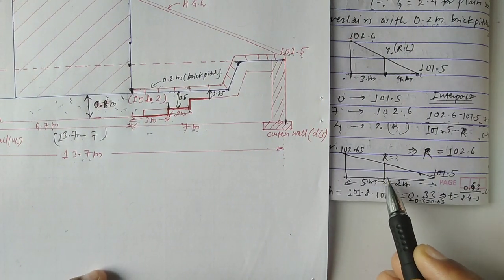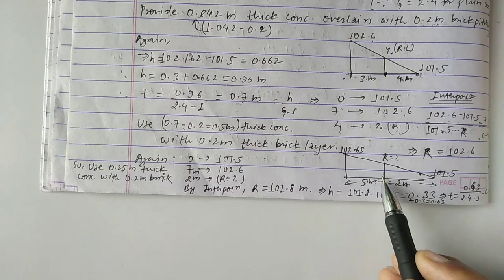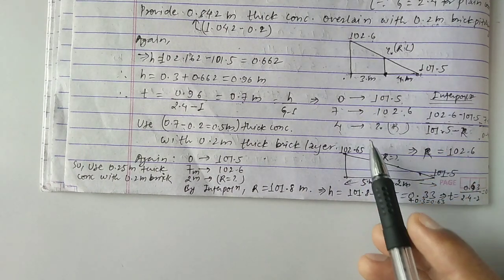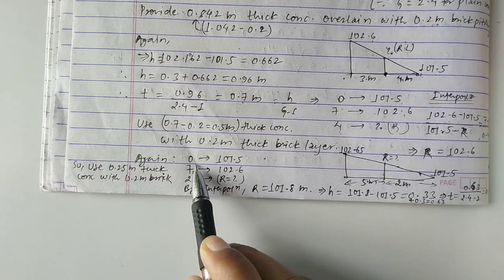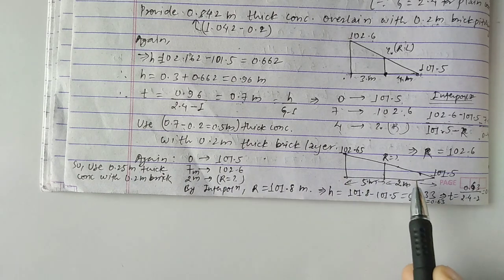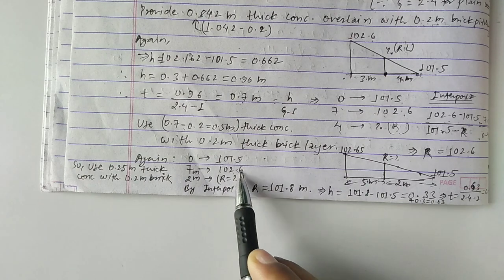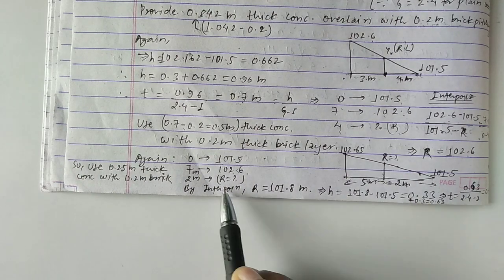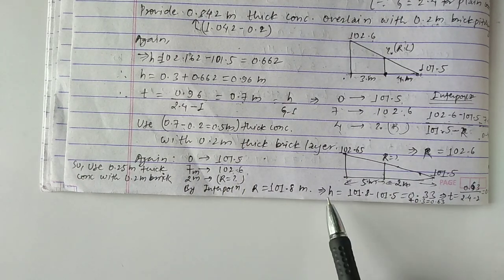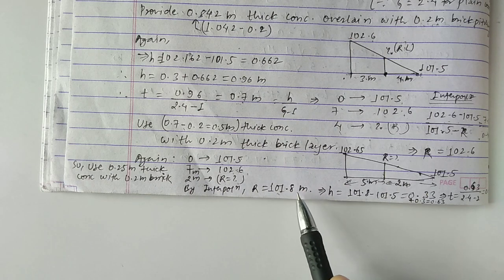Now we have to calculate the RL at that point. Simply as we did by interpolation, at distance 0 the RL is 101.5, at a distance 7 meter the RL equal to 102.6, and the RL at 2 meter we can calculate by interpolation, RL equal to 101.8 meter.